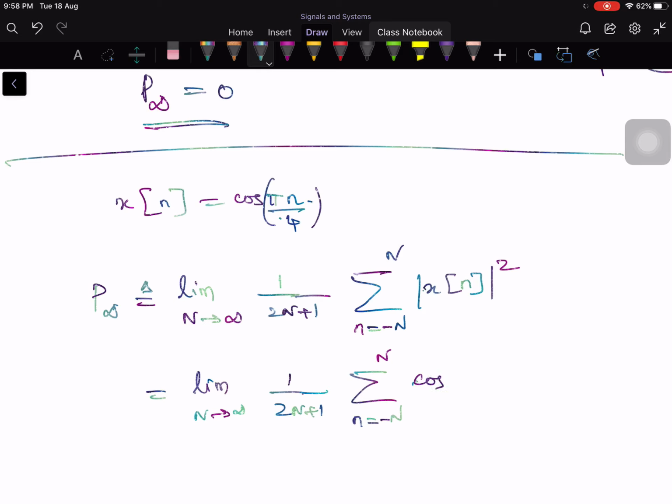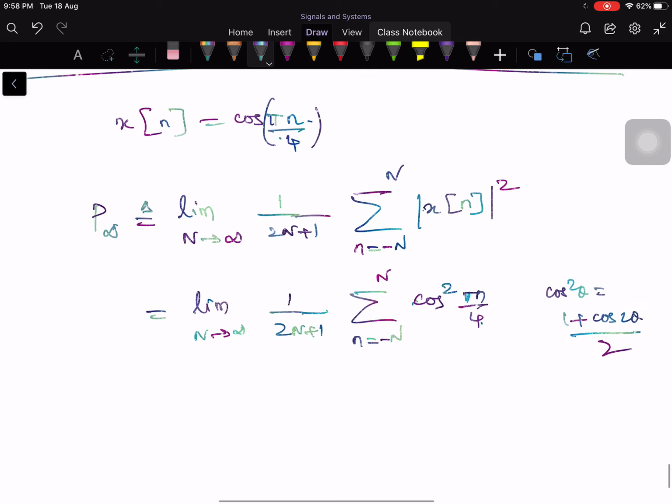Cos is a real signal, therefore cos square of pi n by 4. Cos square theta, we know the formula: cos square theta equals 1 plus cos 2 theta by 2. So you can use that formula. So this becomes summation n equal to minus N to plus N of 1 plus cos of 2 times pi n by 4, that is pi n by 2.